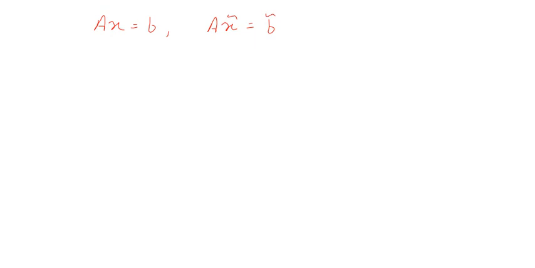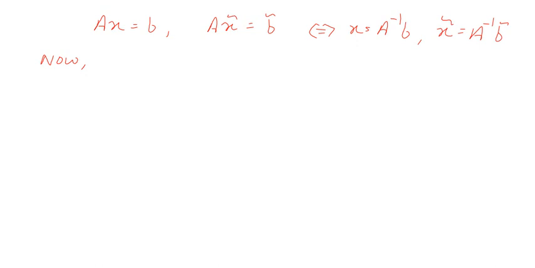Now look at this. When you are talking about the difference, you are assuming that the system has a unique solution, meaning A is invertible. So X equals A inverse B and X tilde equals A inverse B tilde. Keep that in mind.